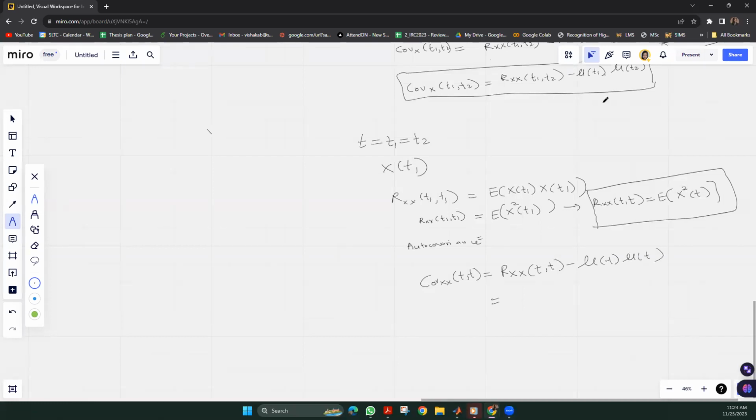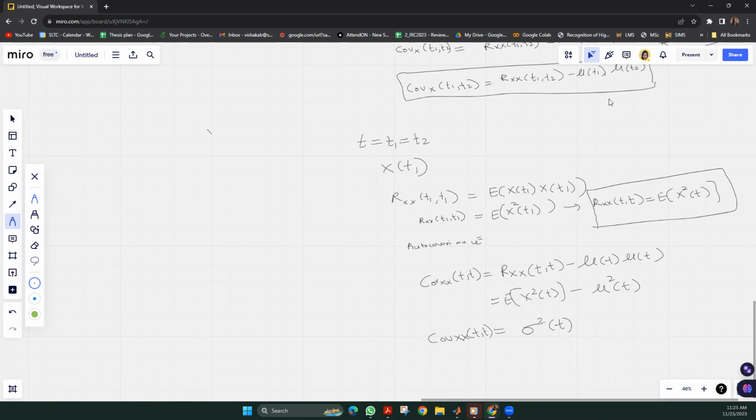This autocorrelation function we have defined earlier as E[X squared(t)], then minus mu squared(t). So this is equal to actually the variance of the random variable at a specific t. So the covariance value will be equal to sigma squared at this point.